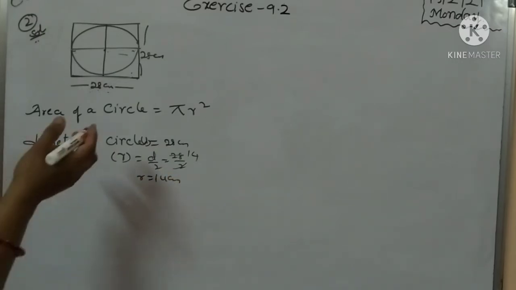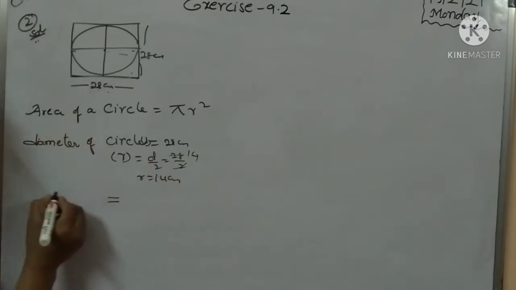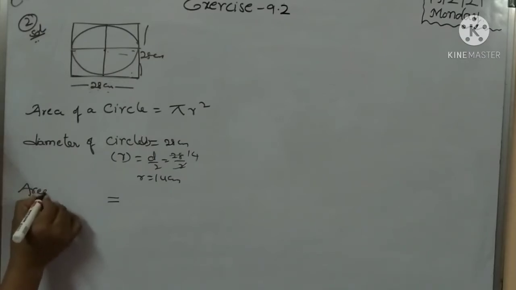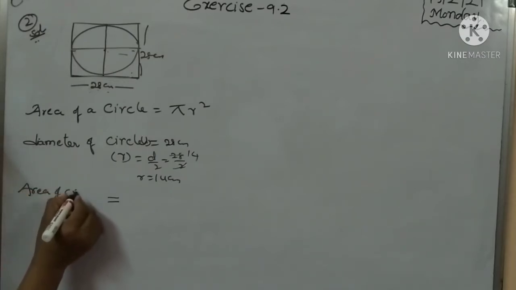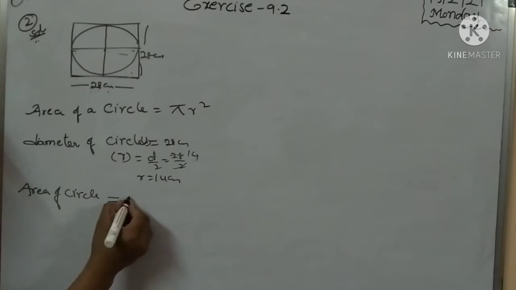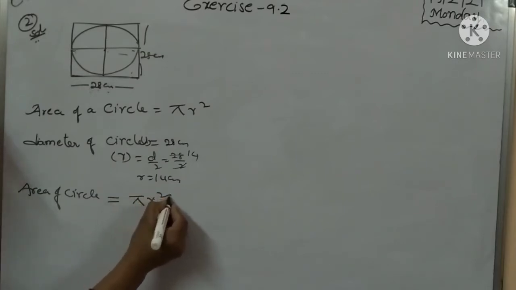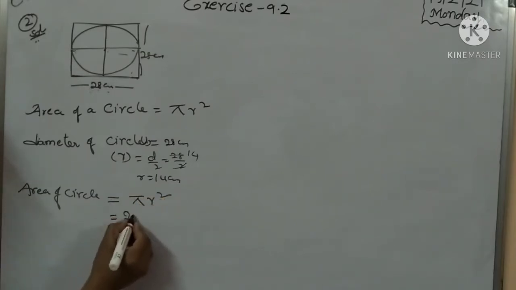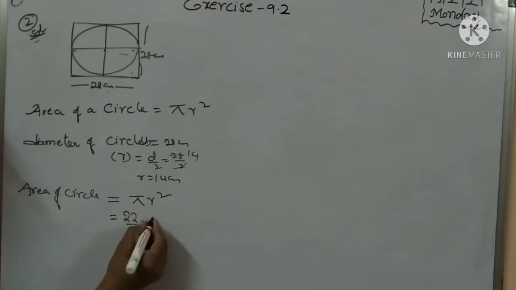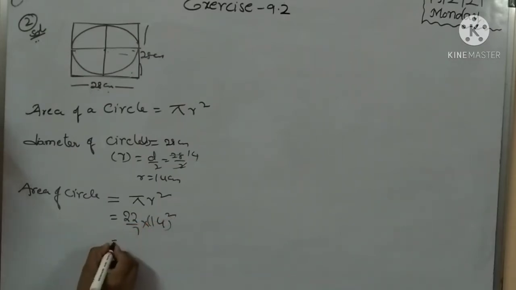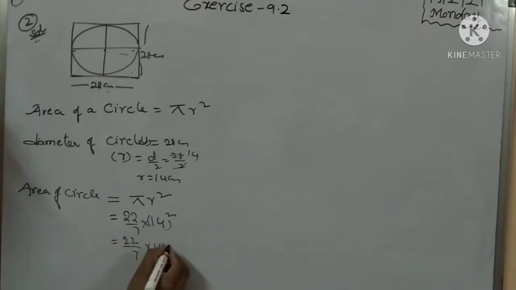Okay. Now substitute in the formula. Area of circle equal to pi r square. Pi means value of 22 by 7 into r, which is 14, whole square. So 14 whole square means we should write 14 two times.